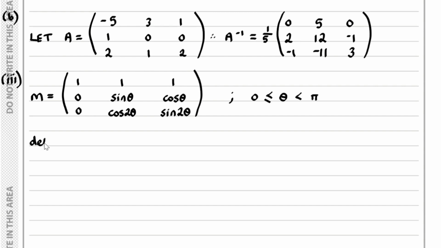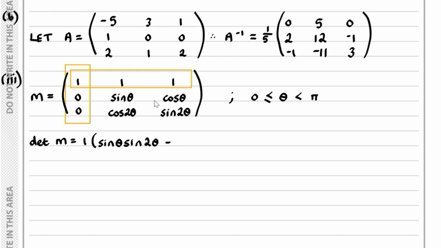So if we were to calculate the determinant of M, expanding along this column, if we cover up this row and this column and then take the determinant of what's left over, multiplying it by 1, we've got 1 lots of sine theta, sine 2 theta, minus cos theta, cos 2 theta.